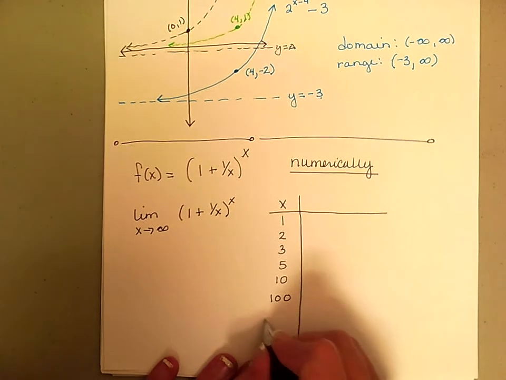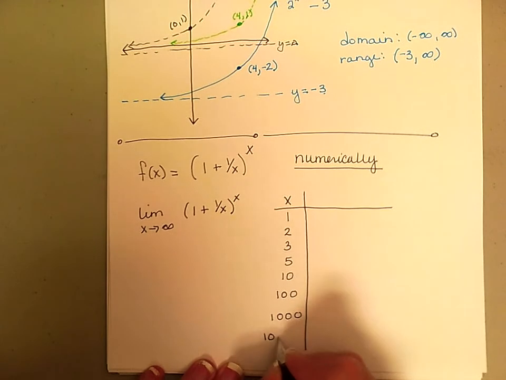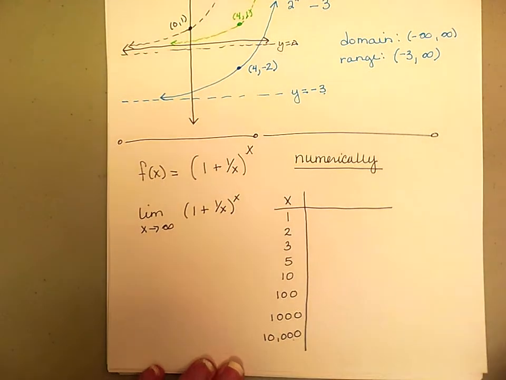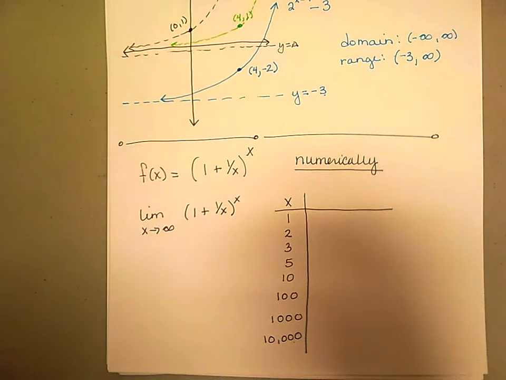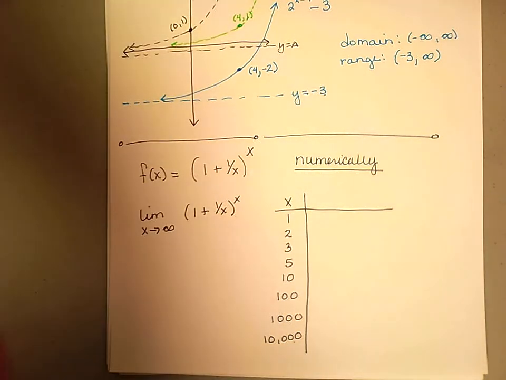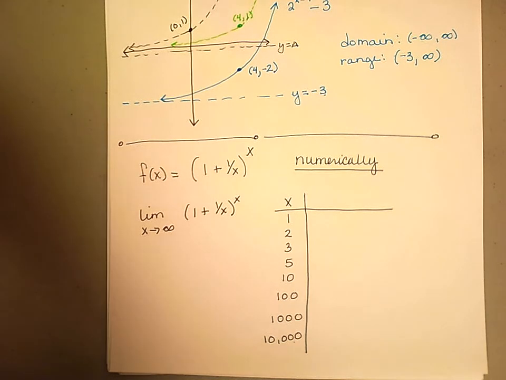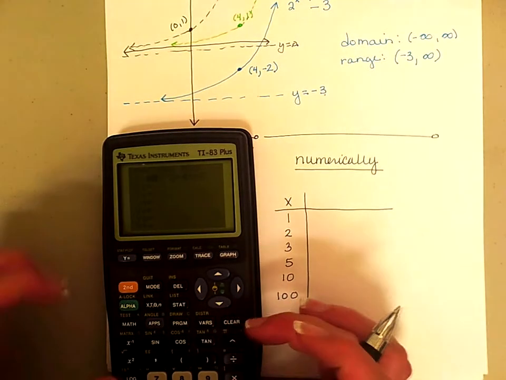Now we're trying to get to infinity, so let's think about numbers as they get larger and larger. Maybe 10,000. These are clearly nowhere near infinity, but maybe we'll see something happening. For this, I will use a calculator. I wouldn't ask you to do something numerically without a calculator, but I want to show you how this happens.